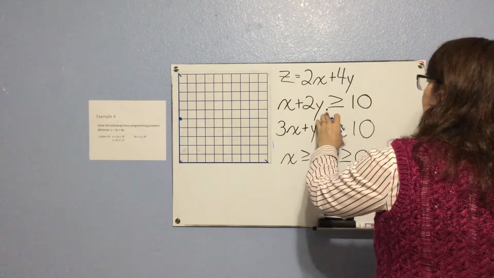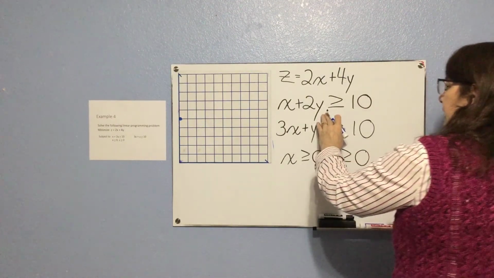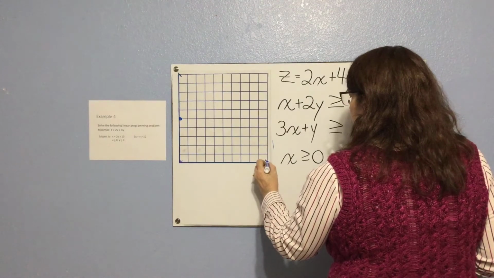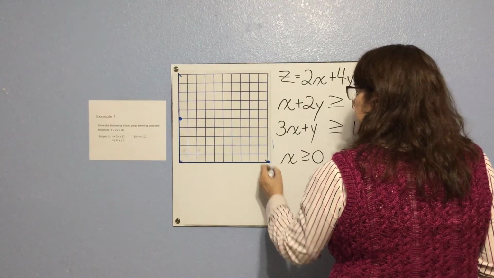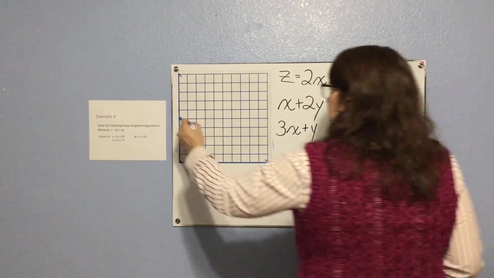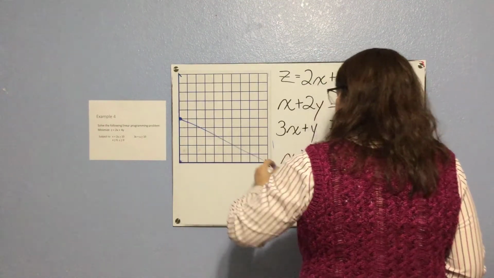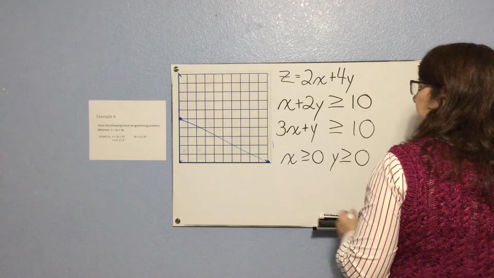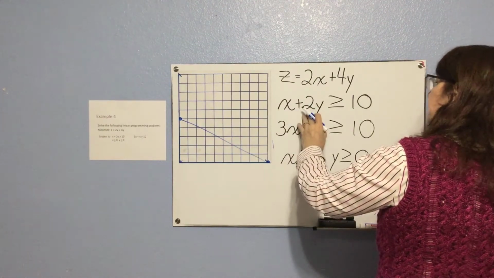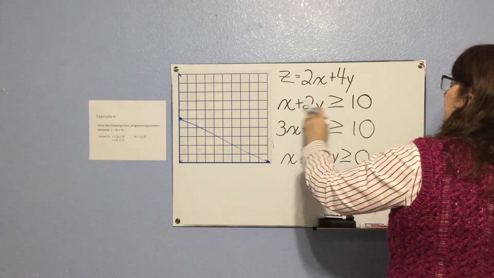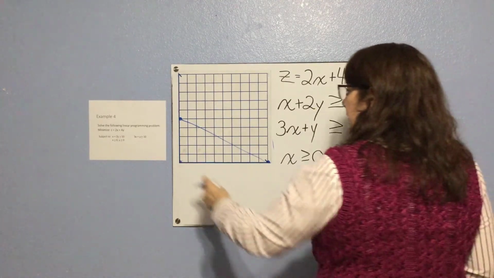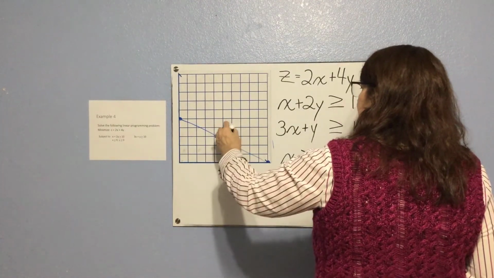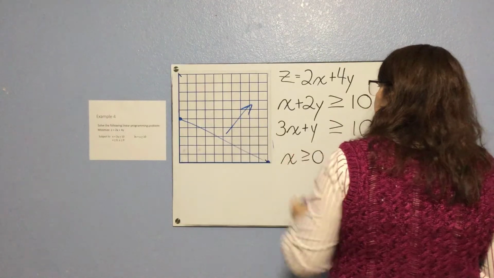If I let y be 0, then x would be 10. So that's right here. So there's my line. And if I let x and y both be 0, then I have 0 greater than 10, not true. So the origin is not in my region. I need to go this way.